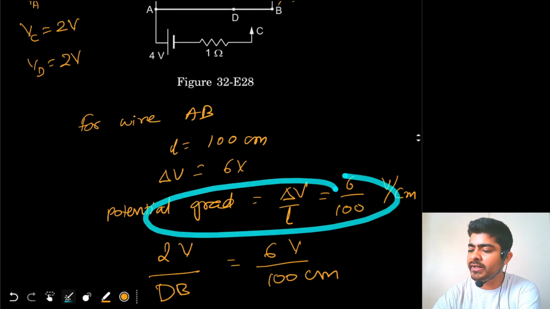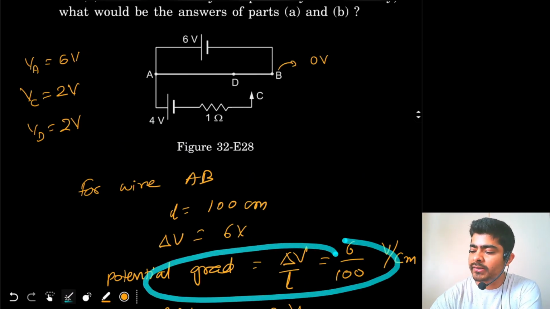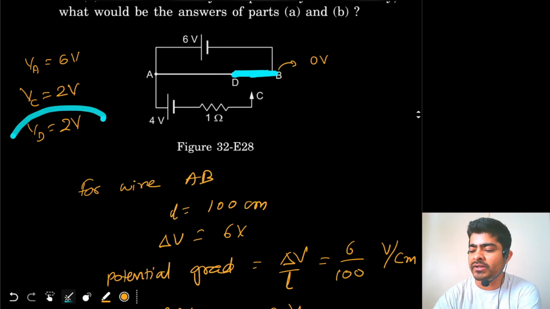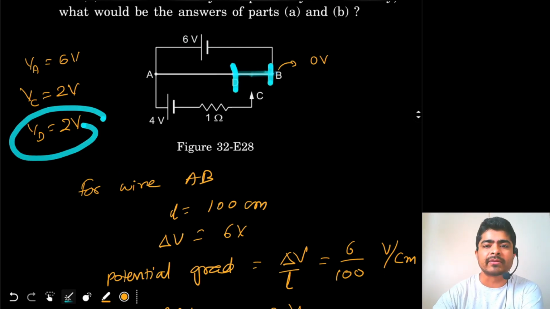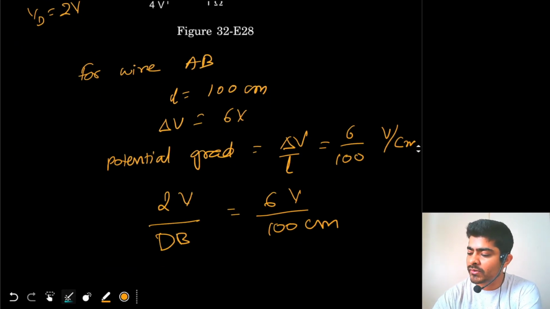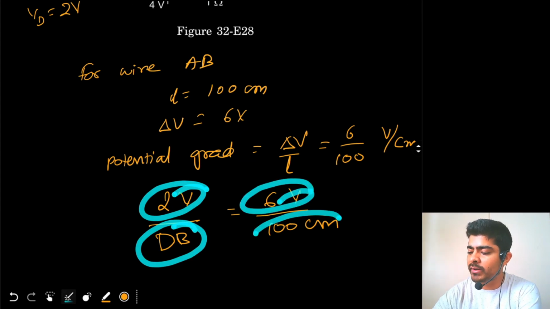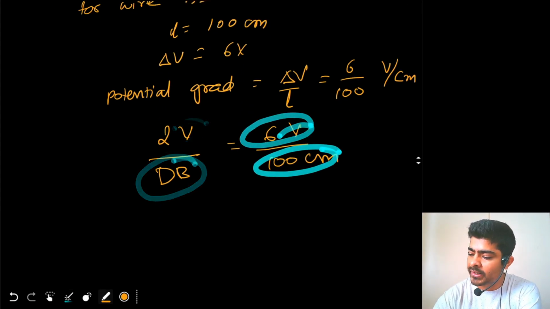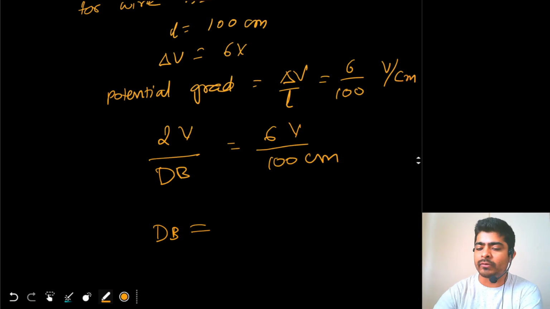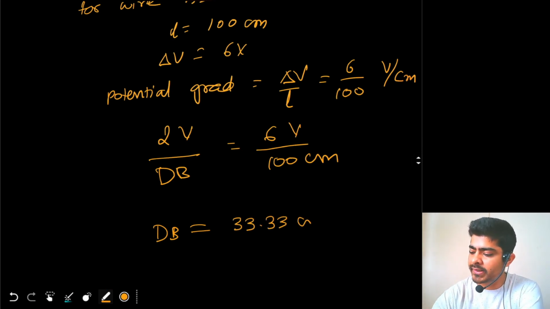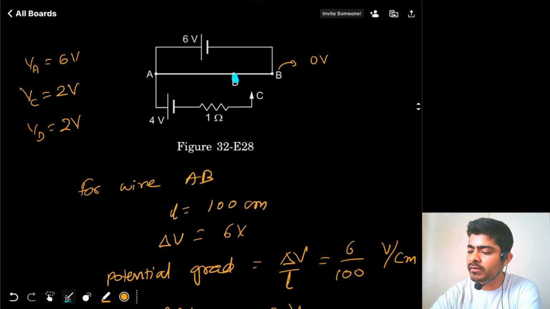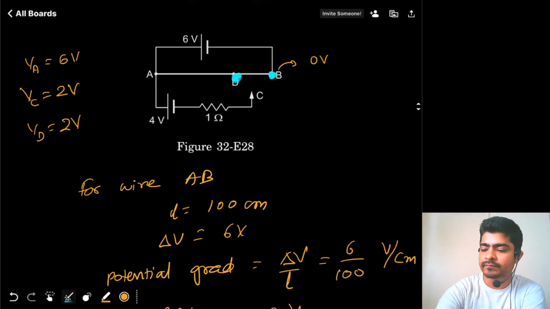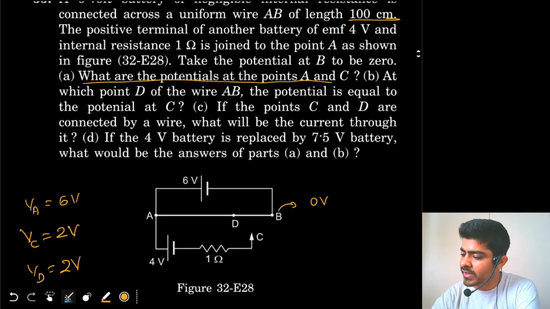That's what the potential gradient says, that correct. For this dB length the potential difference is 2 volt, VD minus VB, 2 volt. Okay, so 2 volt divided by dB equal to 6 volt divided by 100 centimeter. So you obtain dB will come out to be equal to 33.33 centimeter. So if we know dB, we have found the location of point D from B. That's it.